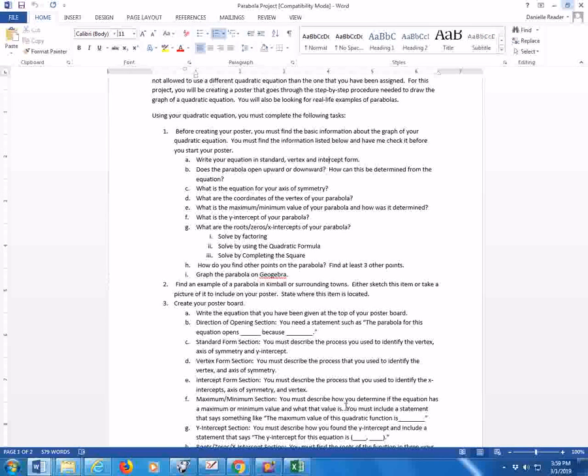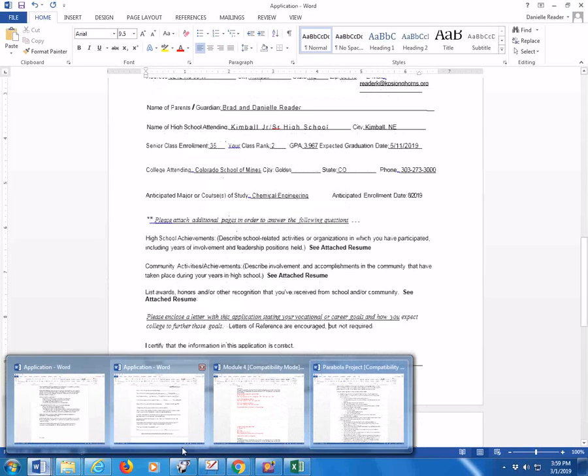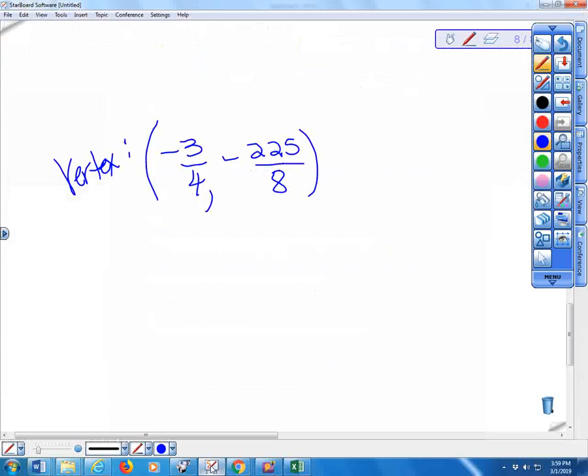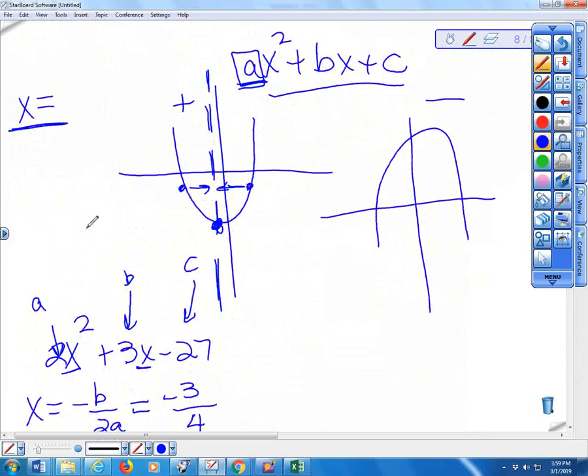What's the maximum or minimum value of the parabola and how is it determined? If I go back and look at those two graphs that I showed you, notice that if this parabola opens up, the vertex is a minimum. That's the lowest value of y that this graph will ever see. If it opens down, the vertex is a maximum.